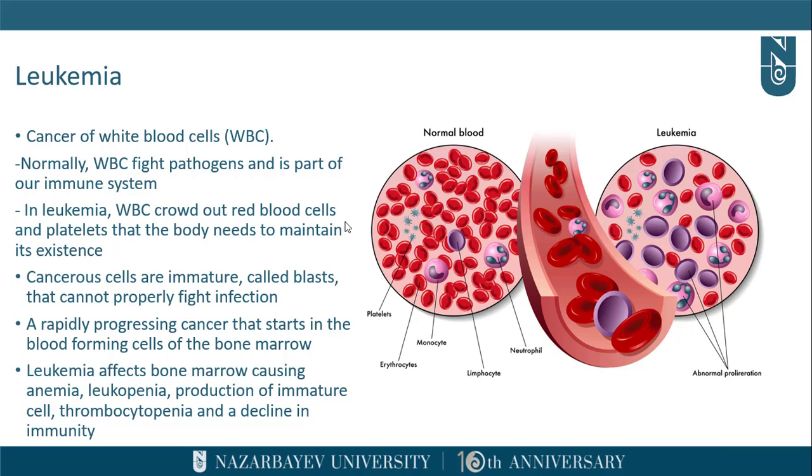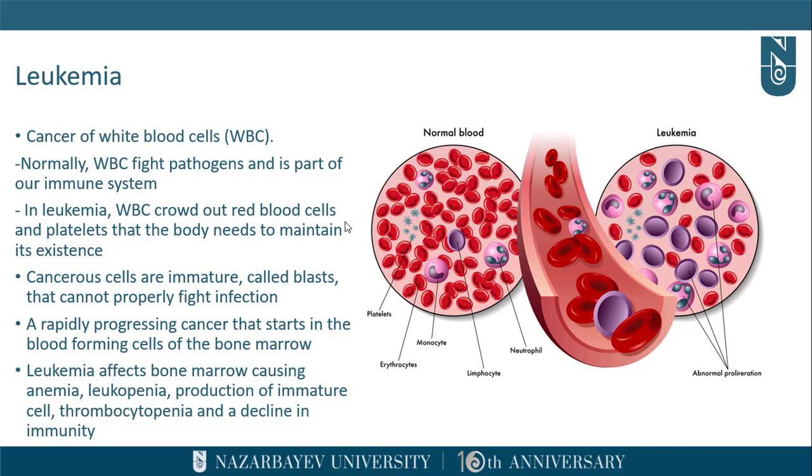So what happens in leukemia is that these immature white blood cells will be dividing rapidly without any control and stop, and we will have fewer red blood cells and platelets, which are really needed for the body to maintain its continued existence.